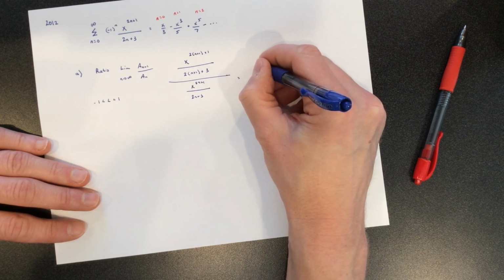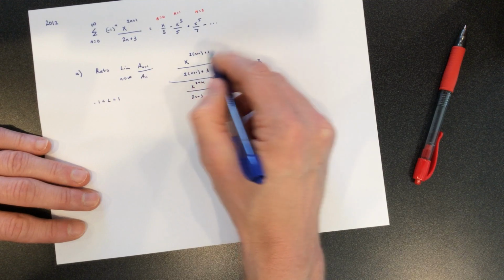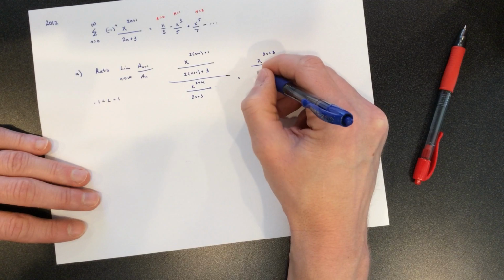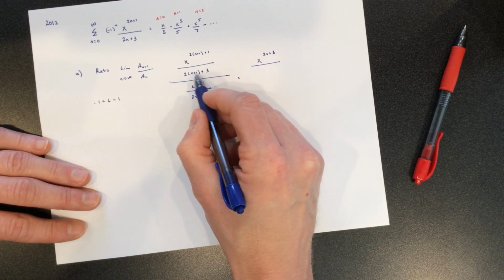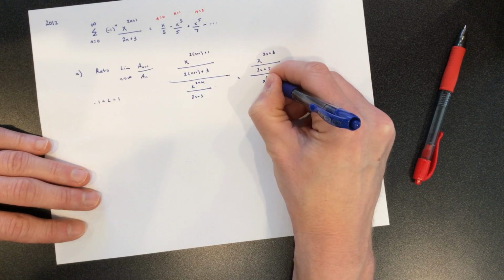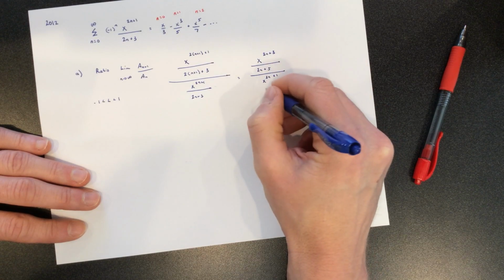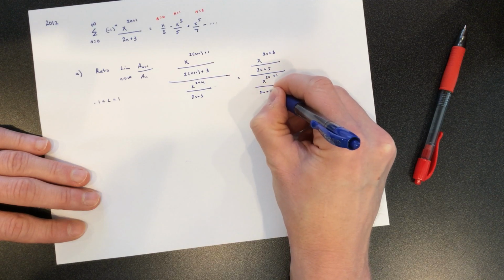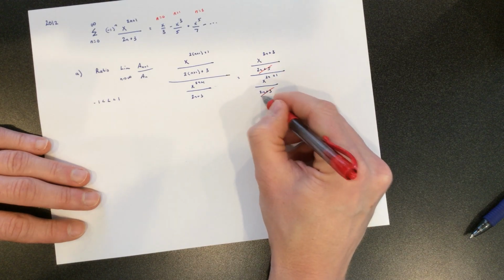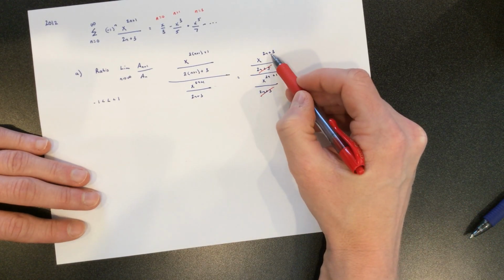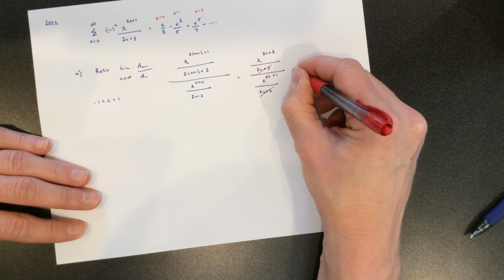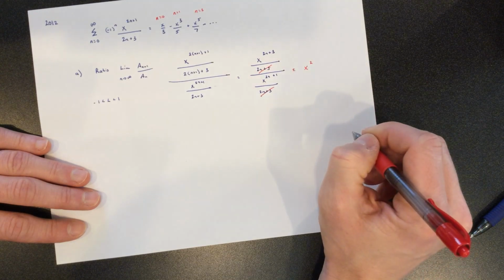This is x to the 2n plus 2, so that's 2n plus 3 all over 2n plus 2 plus 3, which is 2n plus 5, all over x to the 2n plus 1 over 2n plus 3. Now, as n goes to infinity, 2n plus 5 and 2n plus 3 are the same thing. This is 2n plus 3, 2n plus 1. That's an extra 2 factors of x, so x squared. So when it's all said and done, you're going to get that.